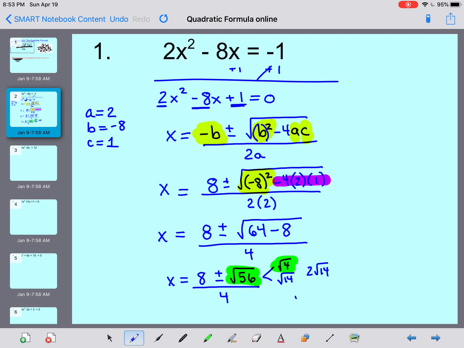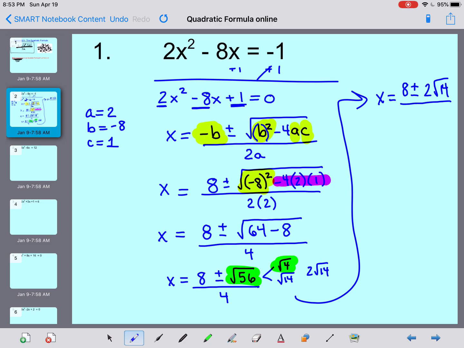Okay, so I'm actually going to hop up here. I'm going to rewrite what I have. X equals 8 plus or minus. That square root of 56 became a 2 root 14, divided by, my denominator is a 4. Okay, we have one last step to do.